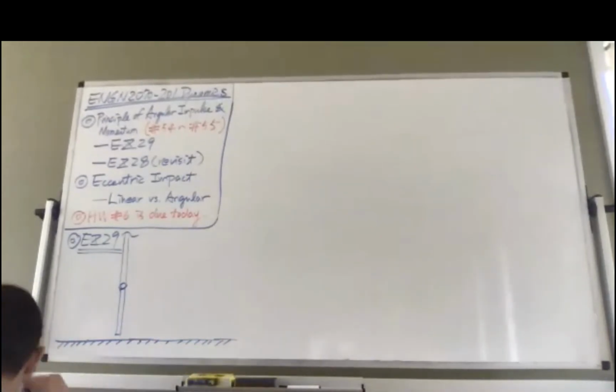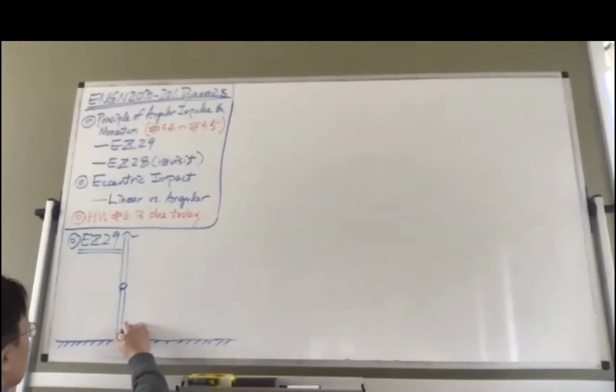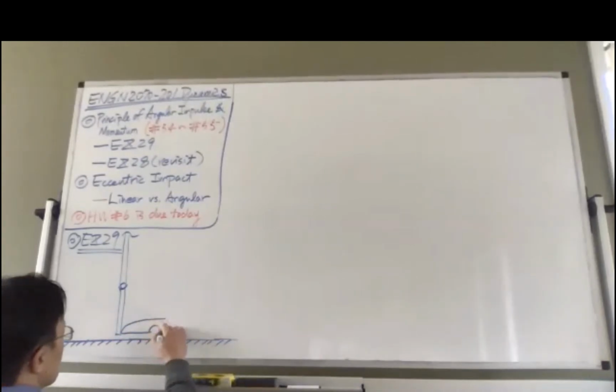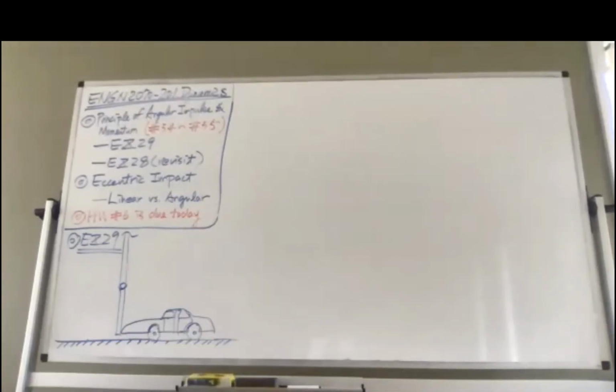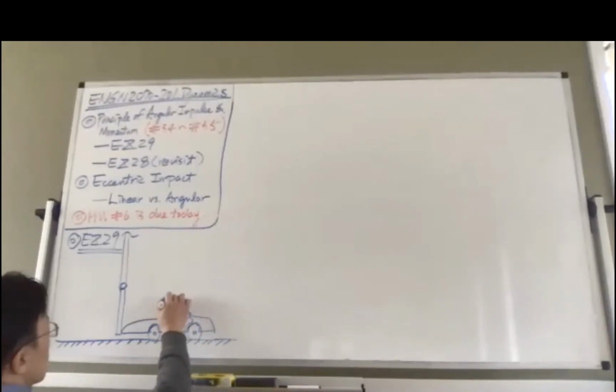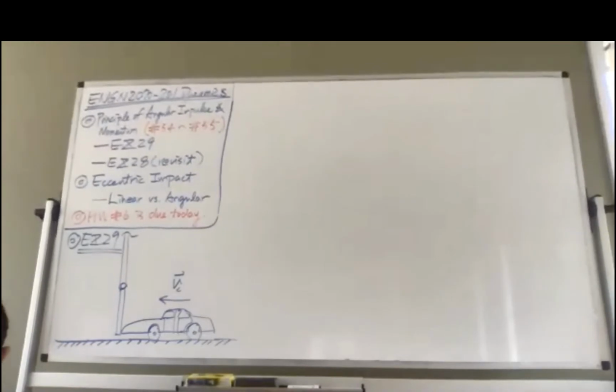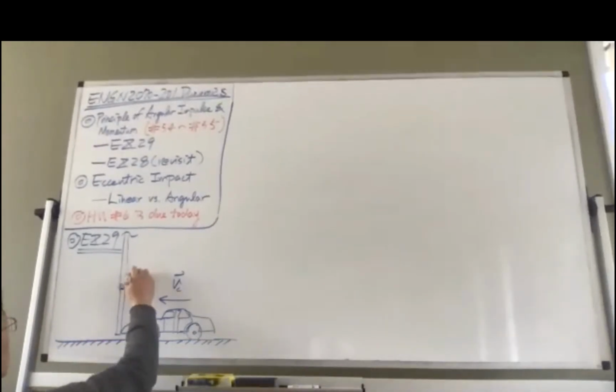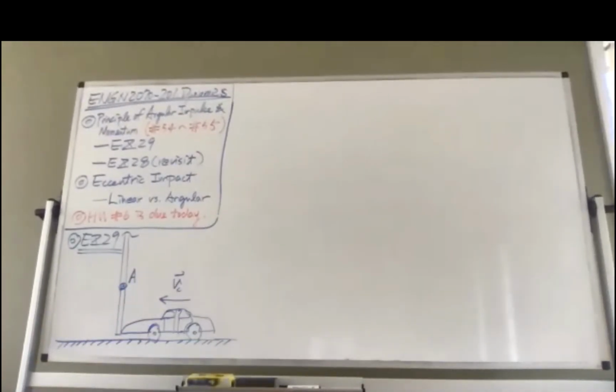And there's a vehicle actually hitting the door, something like this. And the vehicle carries an initial velocity, which is vC. At this point, we define as point A. And the point of impact, we call it point C here. And the bottom of this garage door, we call it point B.